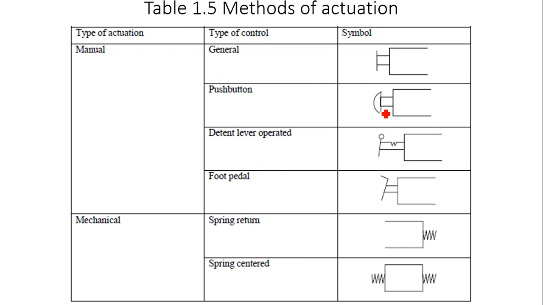For example, we switch on the fans and it stays there unless we switch it off again. That is the detent kind of thing. But with a push button you have to apply a continuous force for that particular motion, unless it is switched off. The doorbell is a very good example, and fans and lights can be understood by the detent lever. Once it is pushed, see the detent lever here, some mechanism will hold it at that point. Again, you have to apply force to change the position.